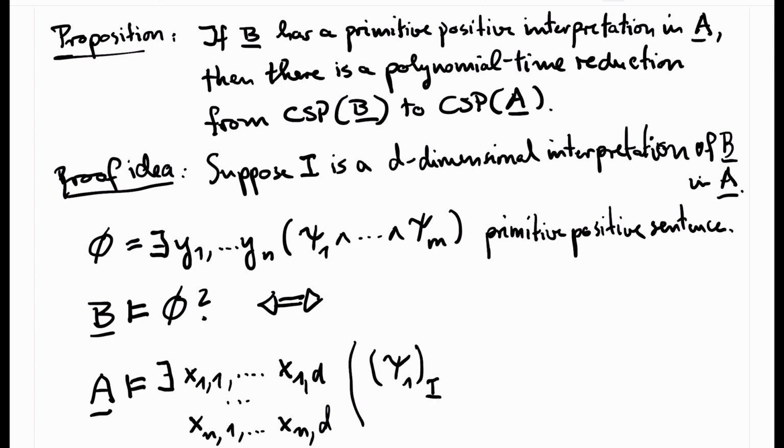Then we replace each conjunct of phi by the corresponding interpreting formula from the interpretation. Note that also in this step we introduce many new existentially quantified variables. In this way, we can obtain a primitive positive sentence which is true in A if and only if the original formula phi is true in B. Note that the new sentence can be computed from the old sentence in linear time. So altogether we obtain the polynomial time reduction.